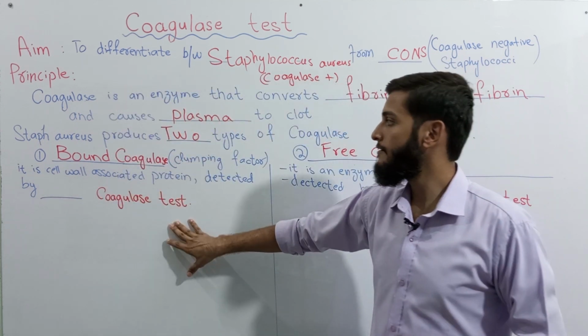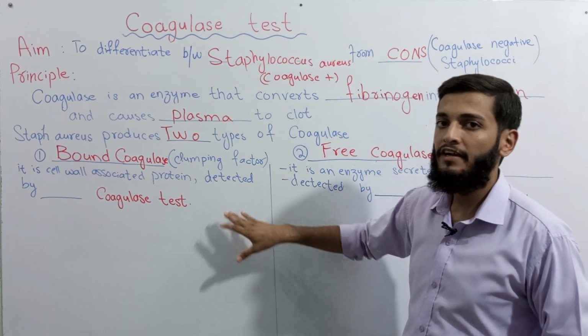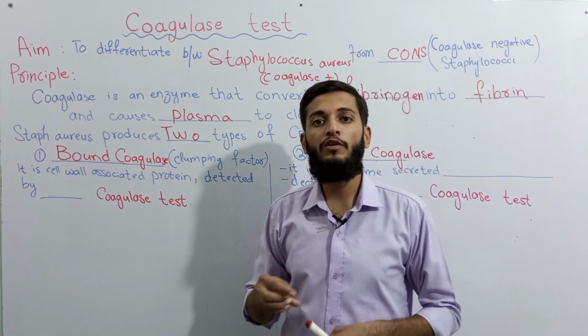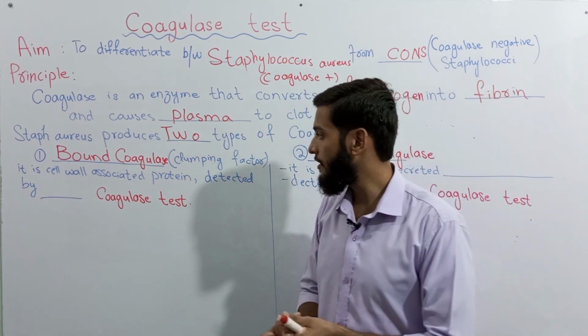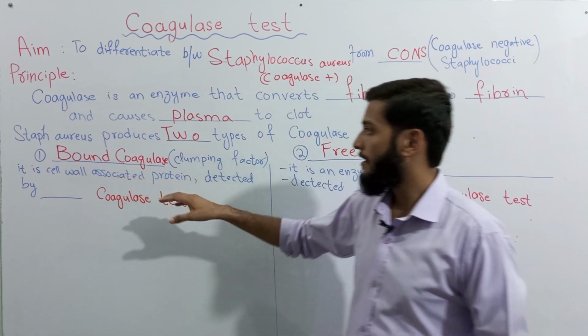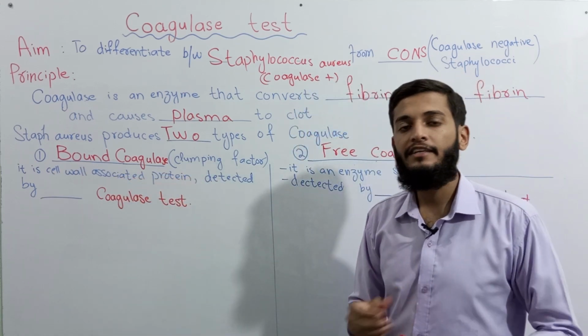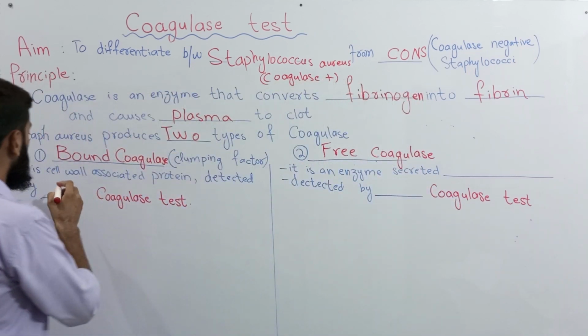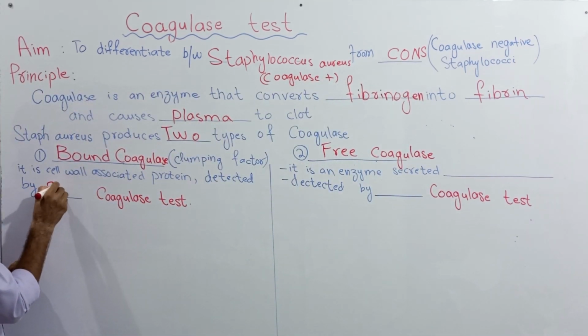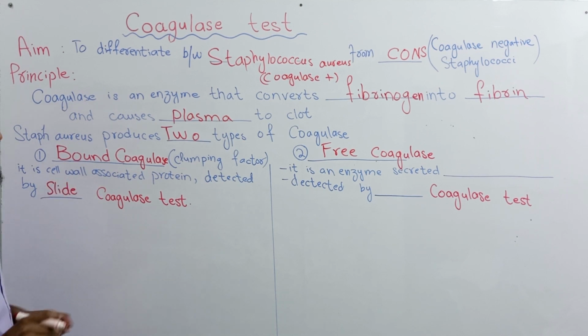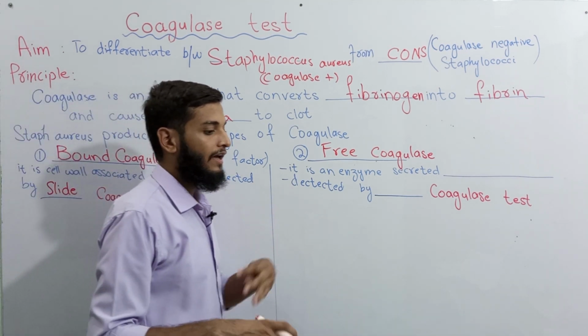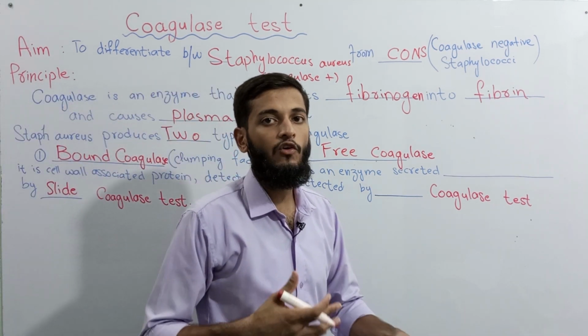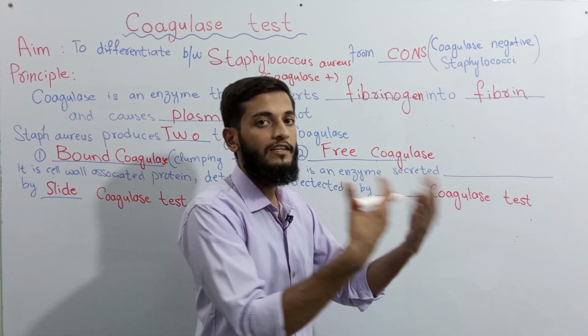Bound coagulase is also known as clumping factor. It is present or bound in the cell wall of Staph aureus. This bound coagulase is detected by the slide coagulase test. Whereas free coagulase is an enzyme which Staph aureus secretes outside the cell.